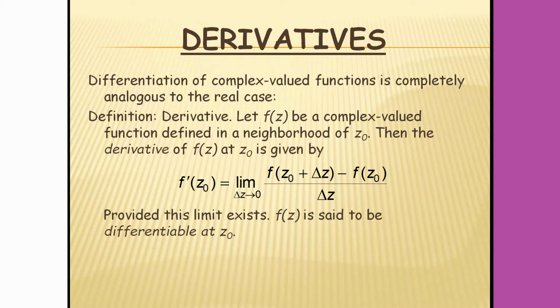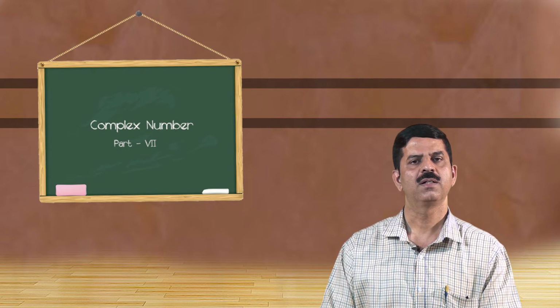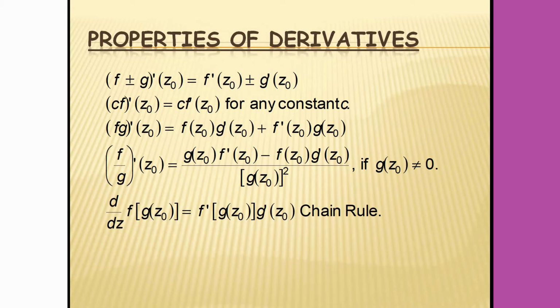Corresponding to this, we have the sum rule, difference rule, product rule, quotient rule and chain rule for derivatives. The derivative of f plus or minus g at a particular point z naught is f dash of z naught plus or minus g dash of z naught.